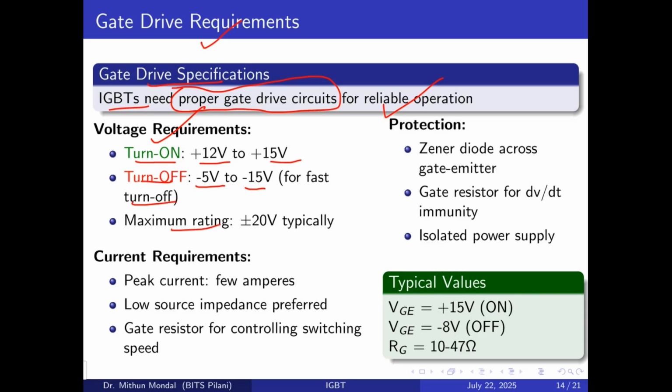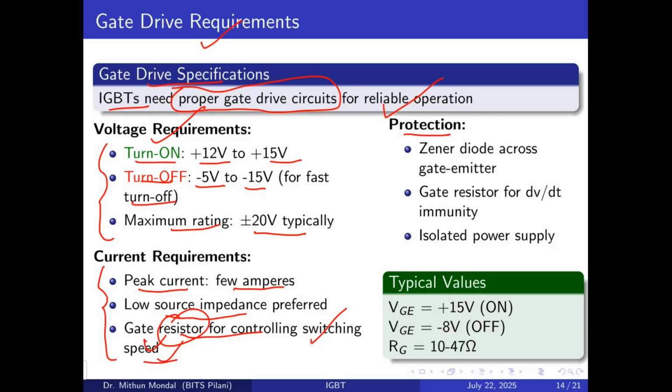Maximum rating is plus minus 20 volt typically. So these are the voltage requirements for the gate to turn on and turn off. For the current requirement, the peak current will be a few amperes, and low source impedance is preferred. A gate resistor is there for controlling the switching speed. So the resistor connected in the gate controls the switching speed.